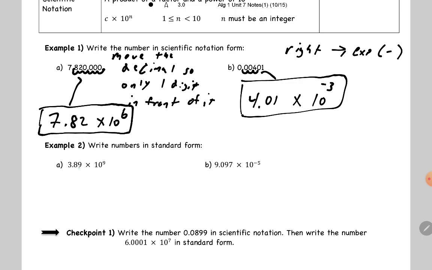Okay, so 3.89 times 10 to the 9th. We're going to move the decimal place. So here's 3.89, and let's just tack on zeros, because this is going to go to the right 9 spaces. 1, 2, 3, 4, 5, 6, 7, 8, 9.